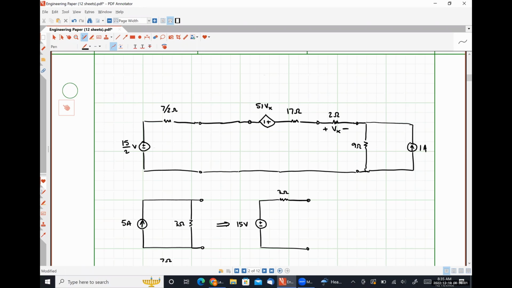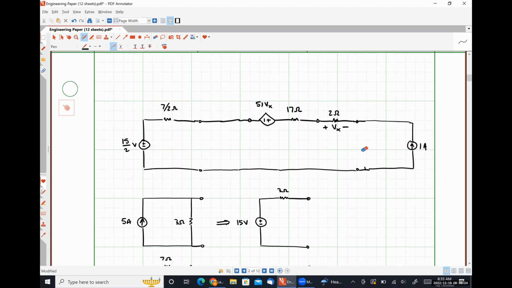So hopefully we've established the rules enough now to where I don't have to show you exactly what's going on over and over and over again, since we've done it at least 4 times at this point. So what should my 9 ohms in parallel with 1 amp turn into? 9 volts in series with 9 ohms. Sorry, let's make that ohms.